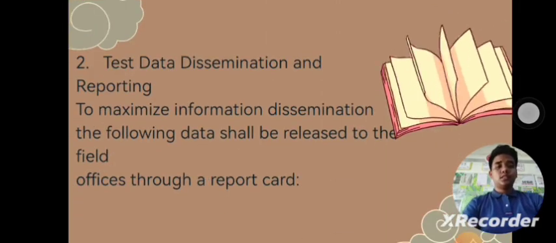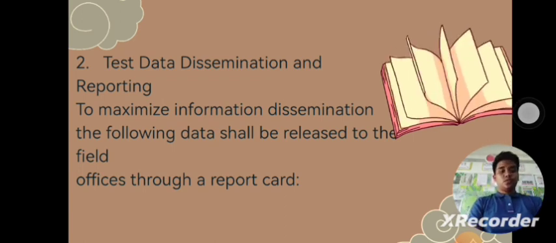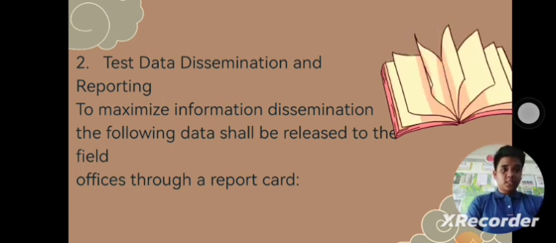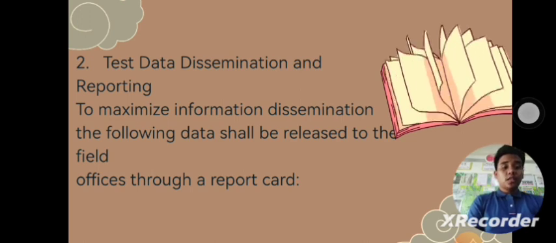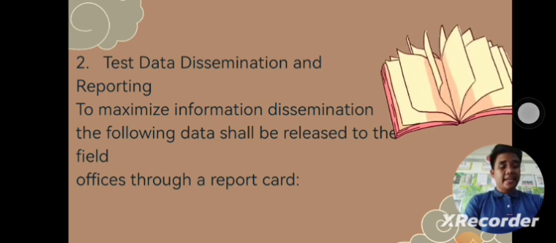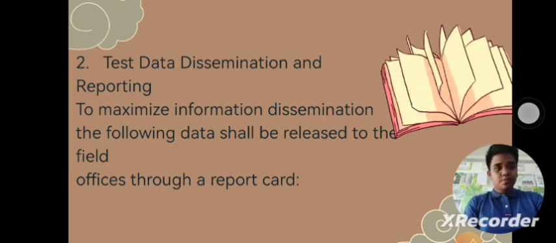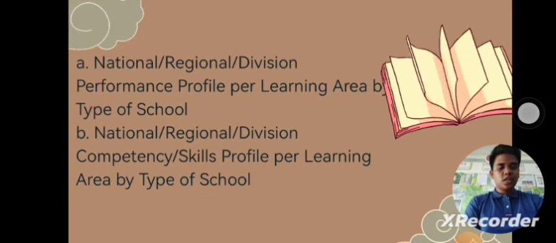Then the test data dissemination and reporting. To maximize information dissemination, the following data shall be released to the field offices through a report card. This is also indicated in section 2, and they are almost the same.